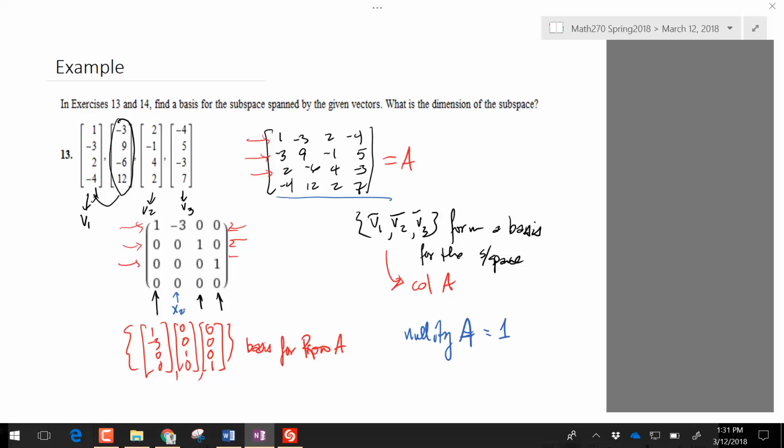No. Column space and row space are different. They will span different things, and that's especially apparent if the dimensions are different. I understand that, but in the first example, when we were first looking at the columns, you have B1, B2, B3, and state that it forms a basis for the subspace.